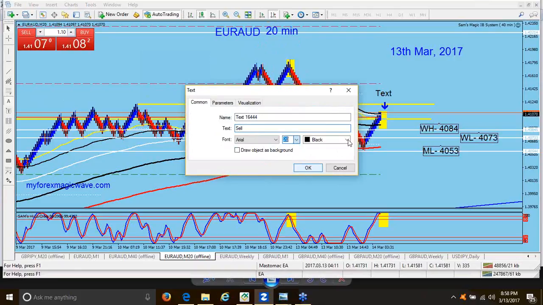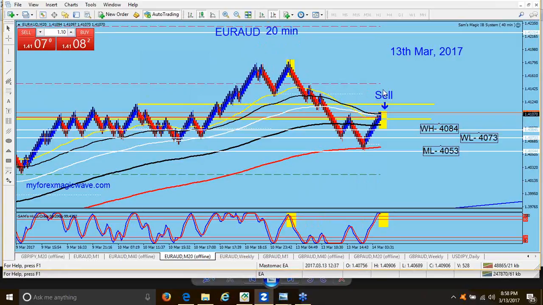Okay, so this is how you plan. You have a good setup. Just wait, and not only this, I will show you. Okay, here I need to see this reversal candle and the red candle, 1 or 2 red candles, and I'll open a trade.